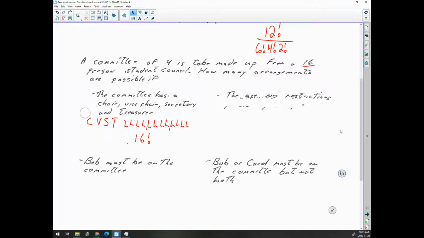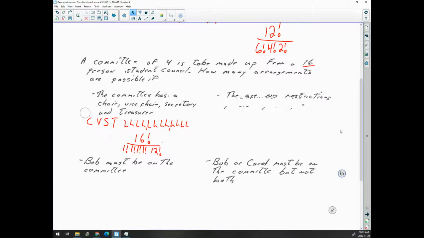We have over here 1 factorial, 1 factorial, 1 factorial, 1 factorial for our C, V, S, and T. Most often, we do not put those in. And that leaves us with our 12 lucky people.